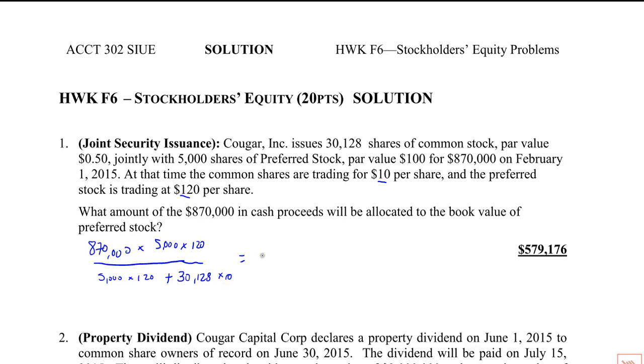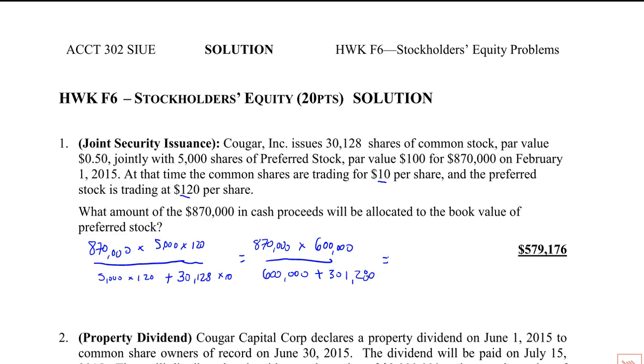So I'm getting 870,000 times 600,000, and this will be over 600,000 plus 301,280.